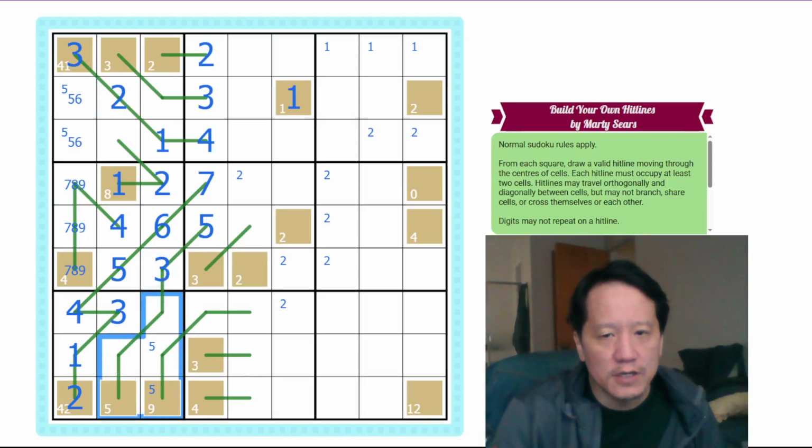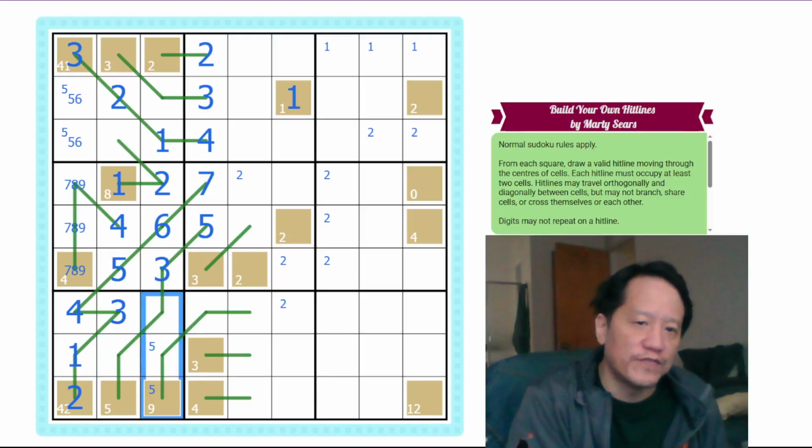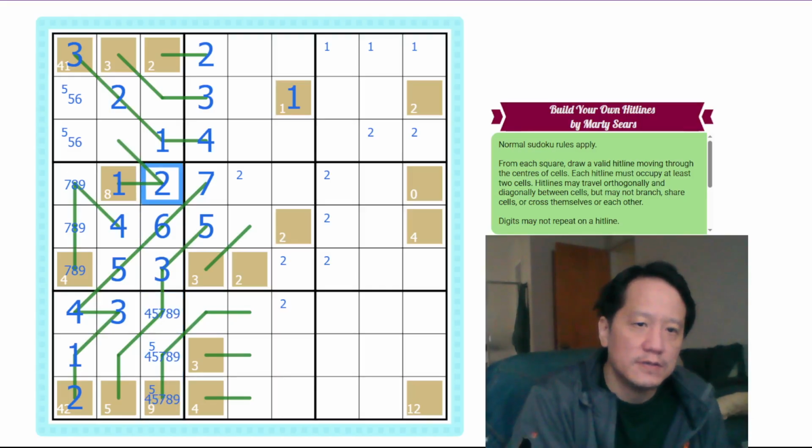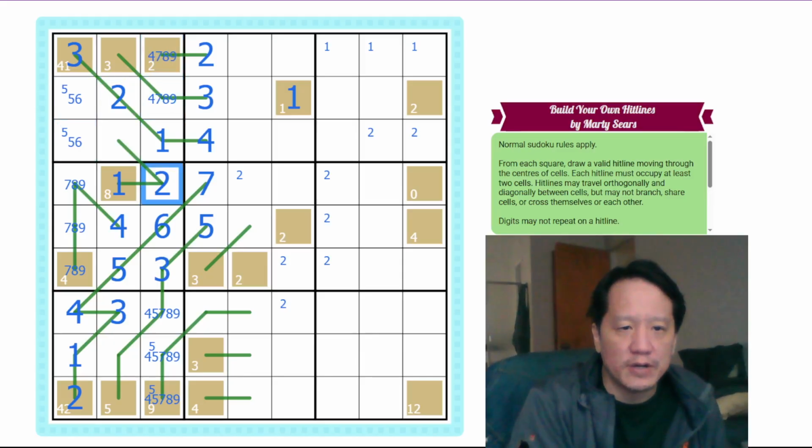Remaining digits in... Well, we have to have a 6 here. Remaining digits in column 3 are 4, 5, 7, 8, 9. No 5 here, obviously, because of the 5, 6 pair in the box. And this can't be 5 because there are no repeats on a... this can't be 4 here because of 4 in the box.